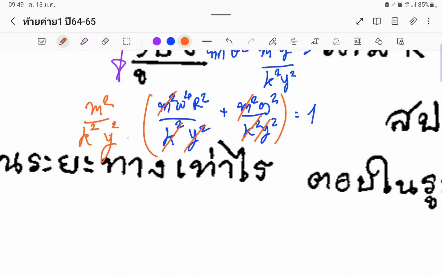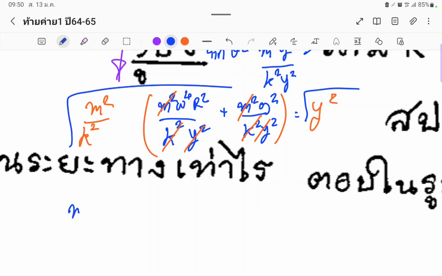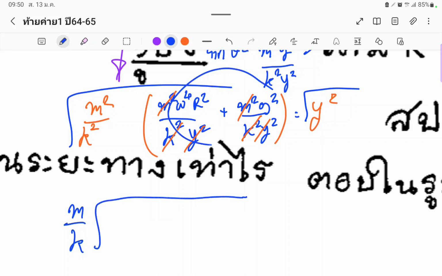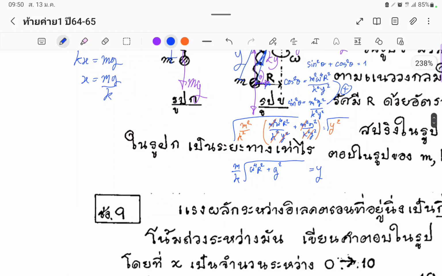If we multiply both sides by y square, we get this. Then we take the square root of everything, and we get m by k times the square root of omega to the fourth r square plus g square, which is equal to y.